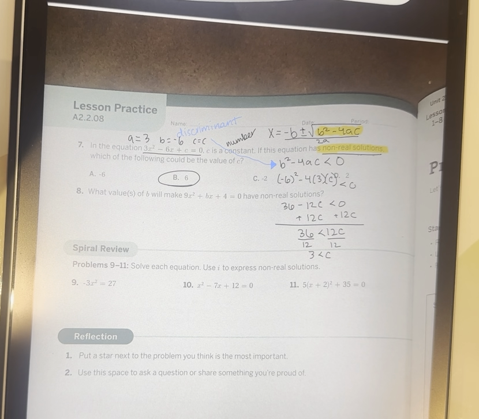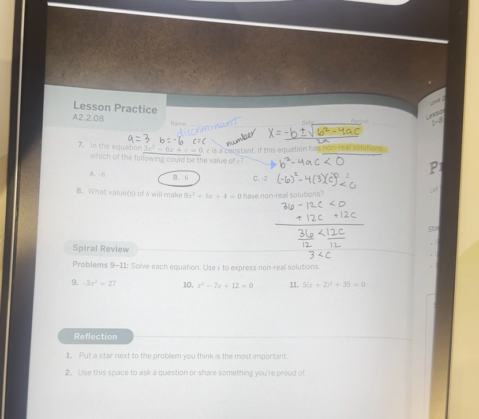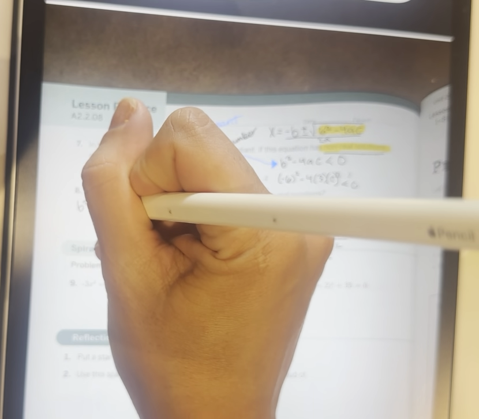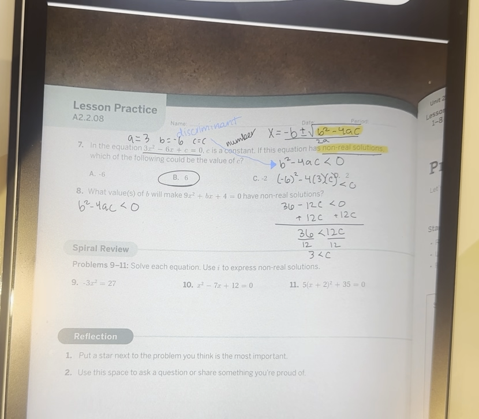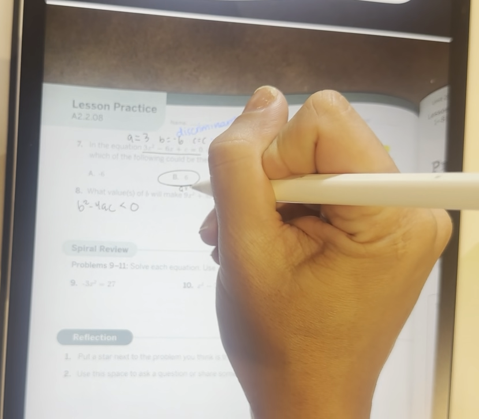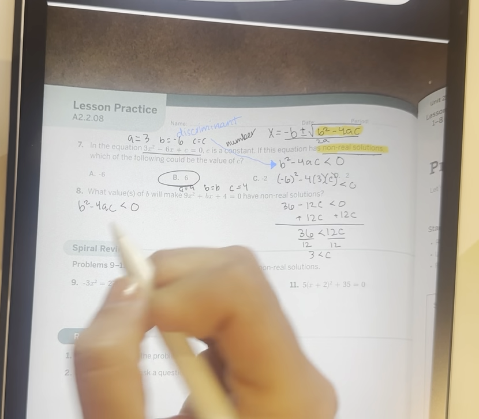Okay, they have another one for me. They want to know what values of b in this one will have non-real solutions. So same problem, okay? We just care about what b squared minus 4ac is, because if that's less than 0, we're in business. But now my a is 9, my b is b, and my c is 4.